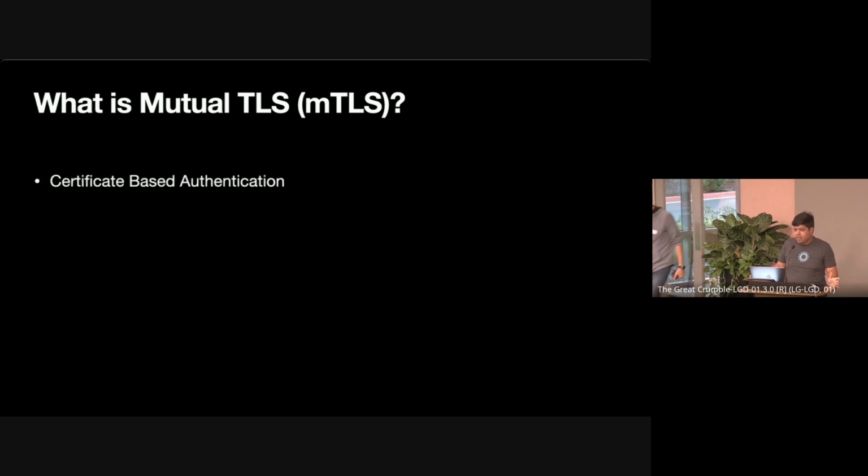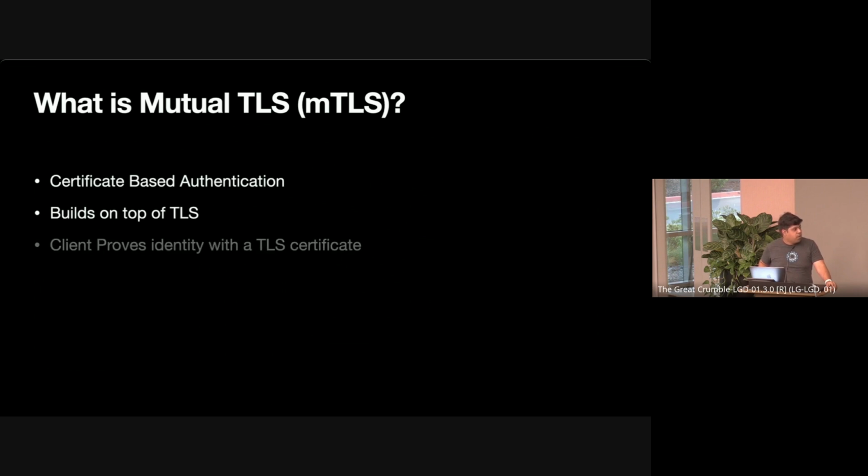TLS is Transport Layer Security. It is certificate-based authentication. This basically means that possessing a certificate instead of a password is a way of authenticating to Cassandra. It builds on top of the TLS protocol. It's actually part of the TLS spec itself.